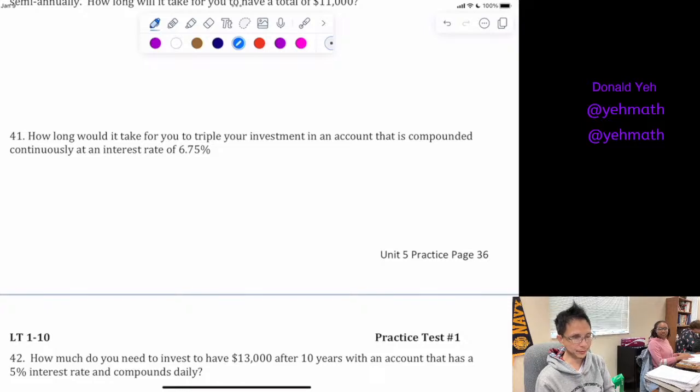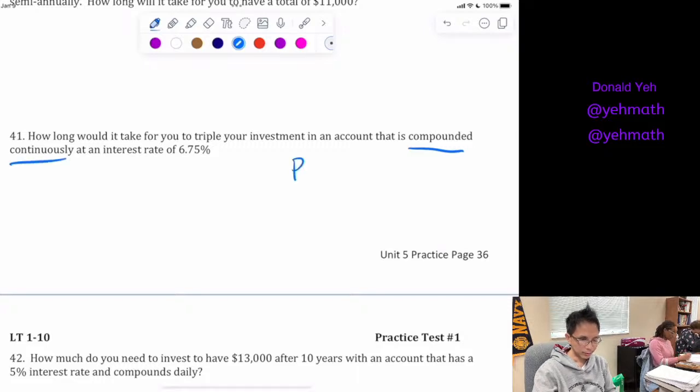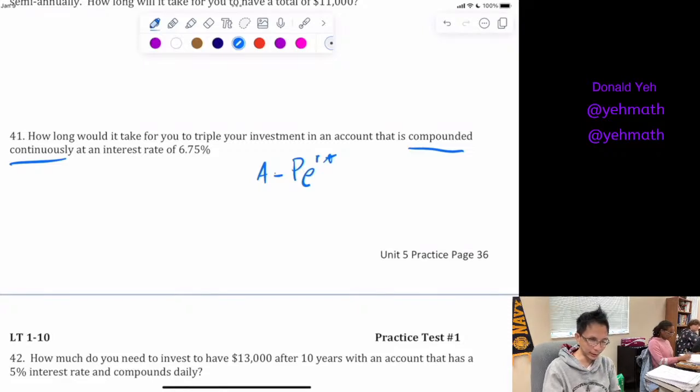Compounded continuously, PERT. Okay, so you have to know two formulas, right? What is compound continuous? PE to the RT, right? PERT, right? And then what's the other compound? Like monthly or daily is the other one. So this one's PERT.